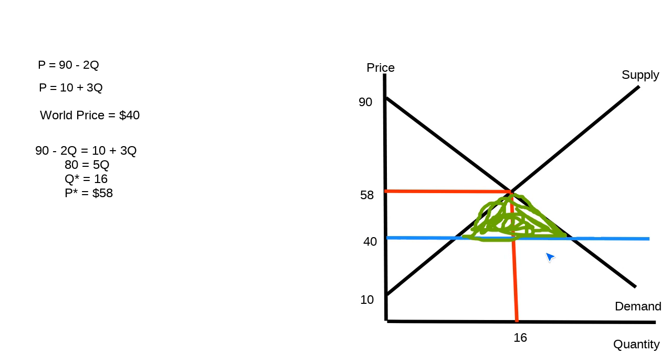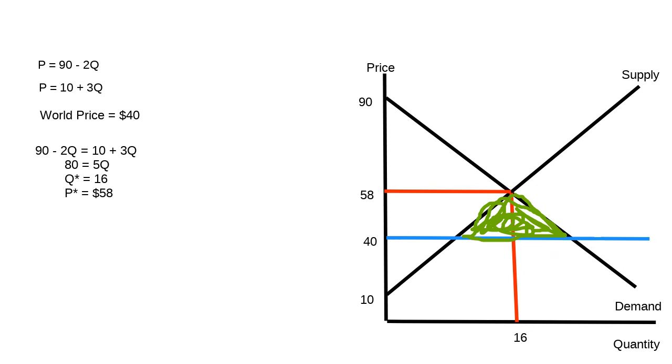Now, how do we know these are imports? Well, if the price is cheaper, domestic production will go down and domestic demand is going to go up. The law of demand says that if the price goes down, quantity demanded goes up. And if the producers domestically are producing less, that's going to get filled in by imports.